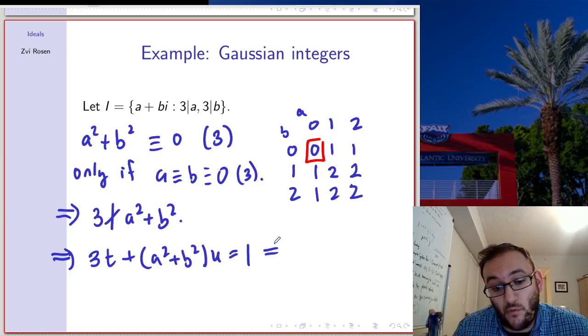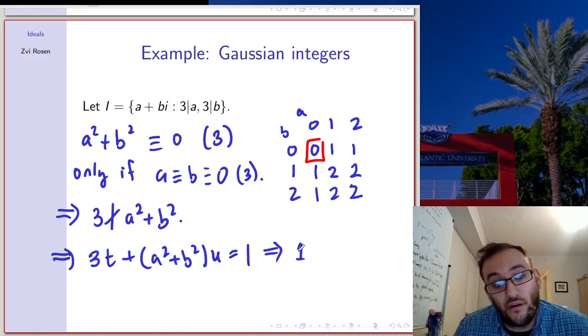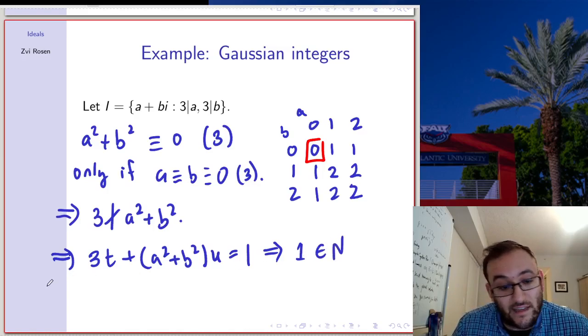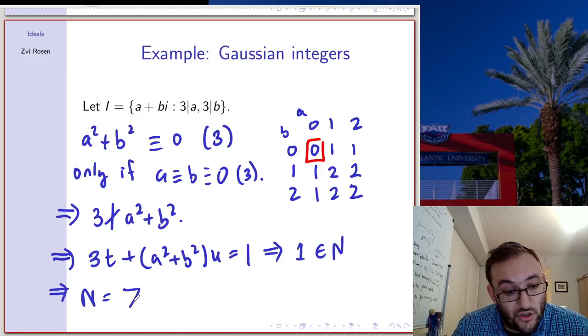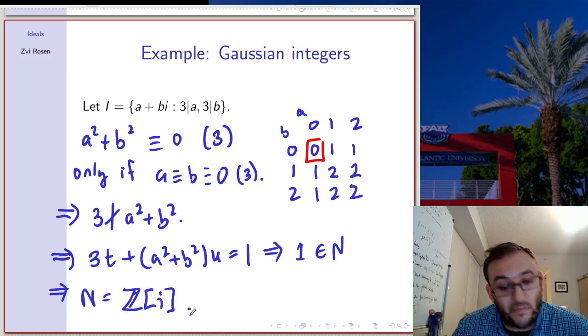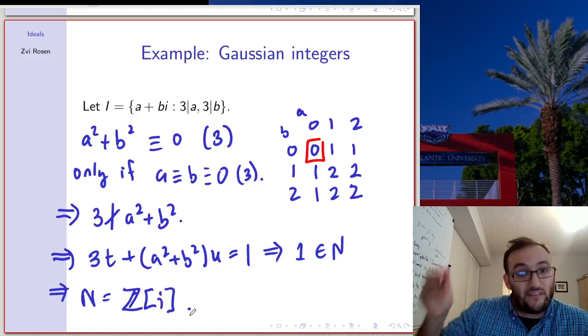So that means that 1 is in the ideal, because the ideal has to be an additive subgroup, which means that the ideal is the entire ring. Whenever you can show that 1 is in your ideal, since anything you multiply also has to be in the ideal, that gives you the entire ring.